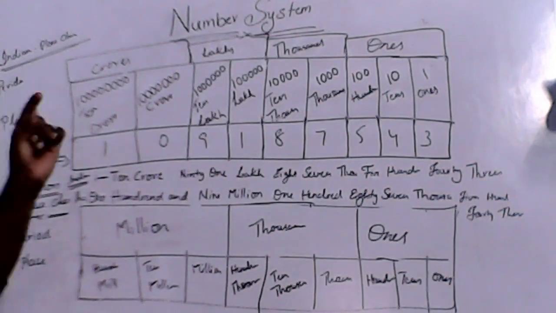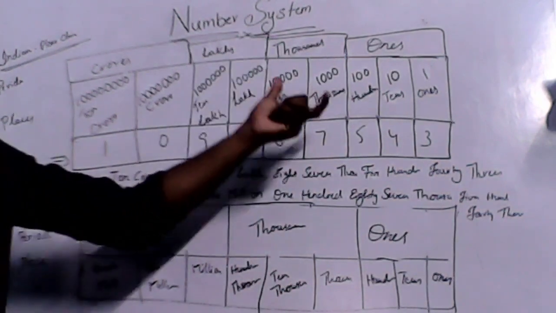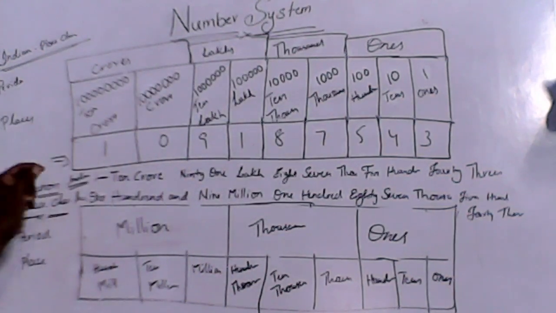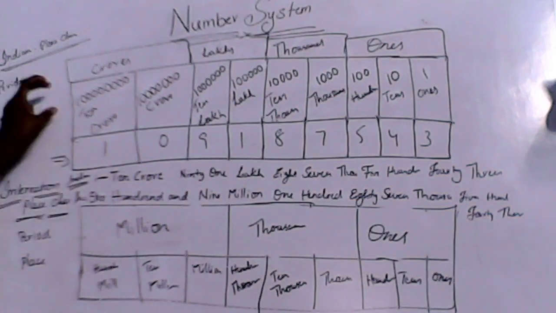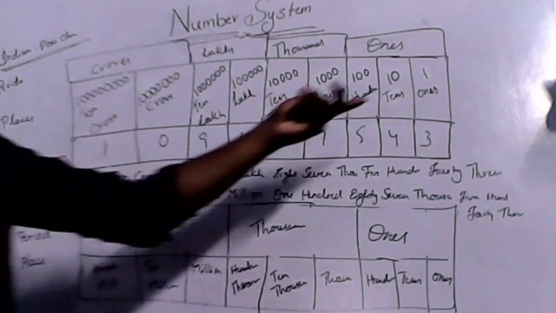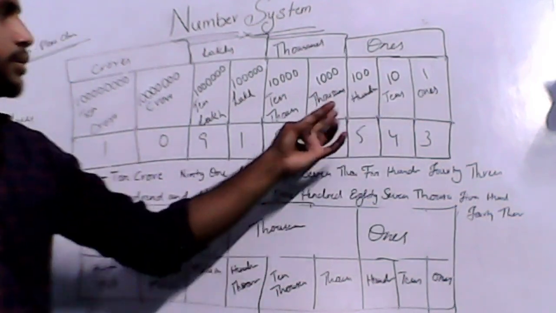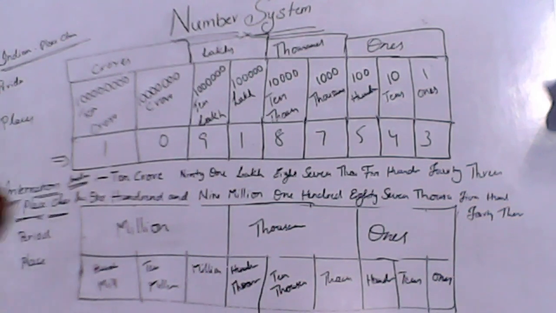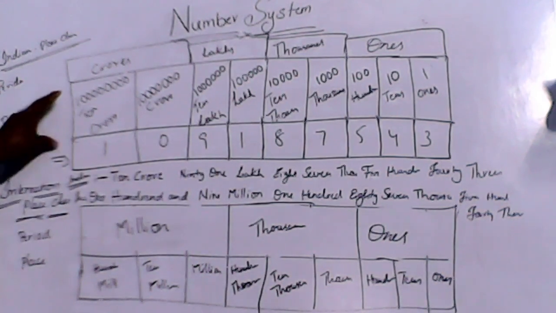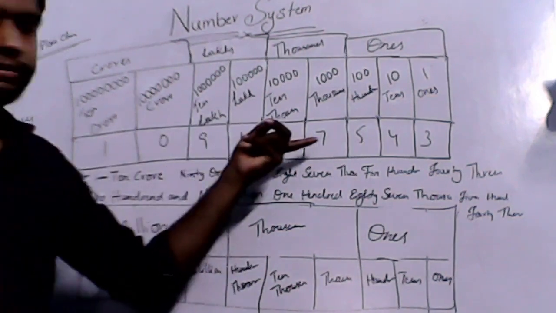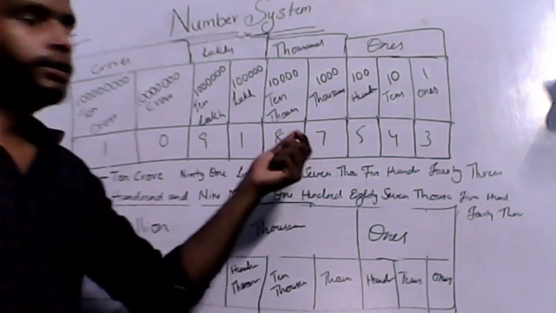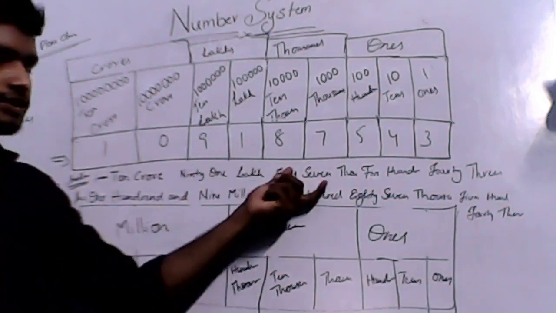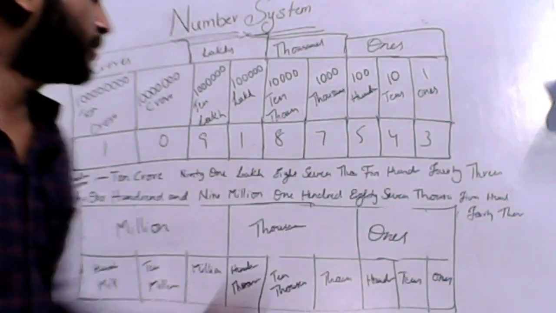The Indian place value chart has 4 periods: ones, thousands, lakhs, crores. And in those, it has different places and different values: ones, tens, hundreds, thousands, 10,000, lakh, 10 lakh, crore, 10 crore. Based on this Indian numeration system, this number is pronounced as 10 crore 91 lakh 87,000 and 543.